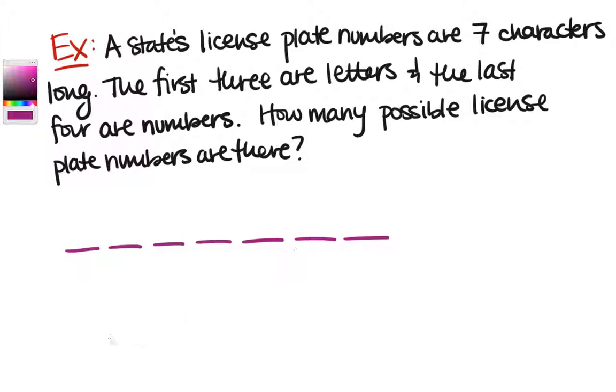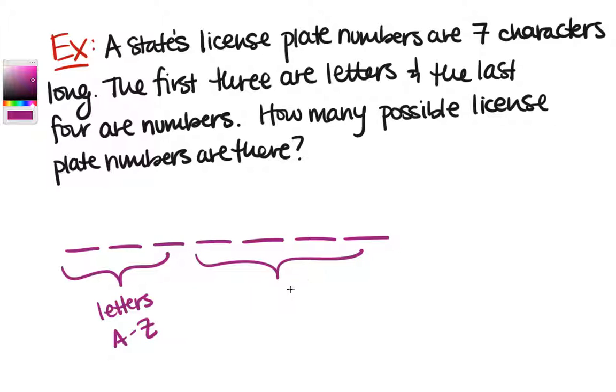So we have 7 blanks in this license plate number. The first 3 are letters, and we're just assuming regular old alphabet A to Z. The last 4 are numbers. And there's no restriction, so we're going to assume that we can go from 0 to 9.